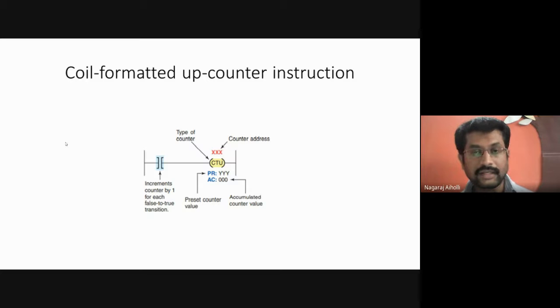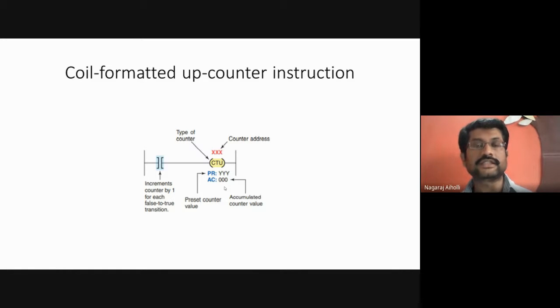Then here we have preset and then there is an accumulated value. Preset value is the set point value. And the accumulated value is the current value or the present value.